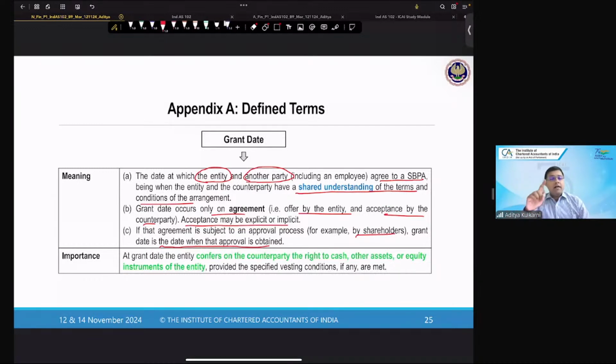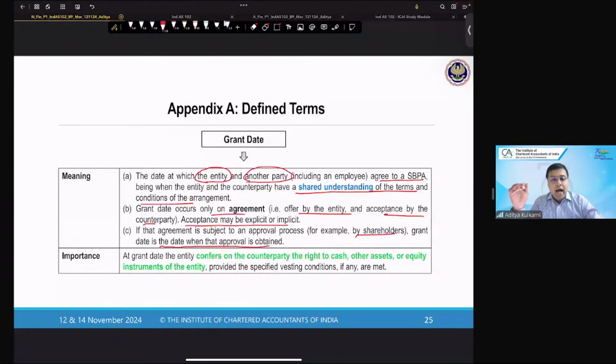So the organization must take their approval first, because they are adversely affected by the employee stock options. Therefore, if you require their approval, then the date when they give the approval will become the grant date. Before that you may have agreed, but if approval doesn't come, then where is the agreement? There will be no agreement because the shareholders have not approved yet. So when shareholders approve, that will be your grant date.